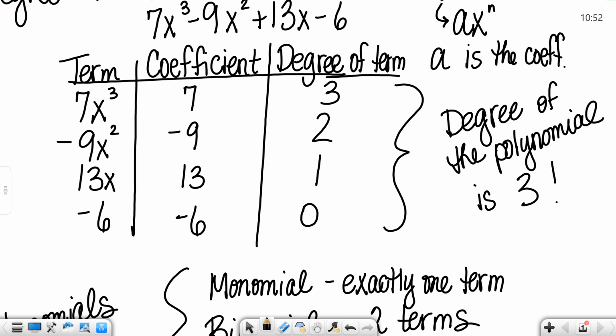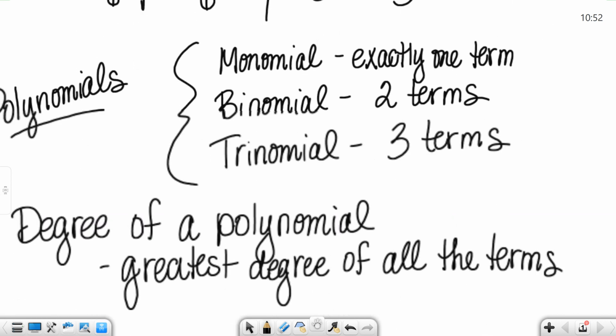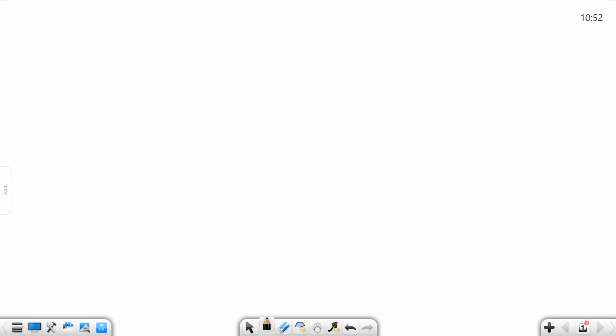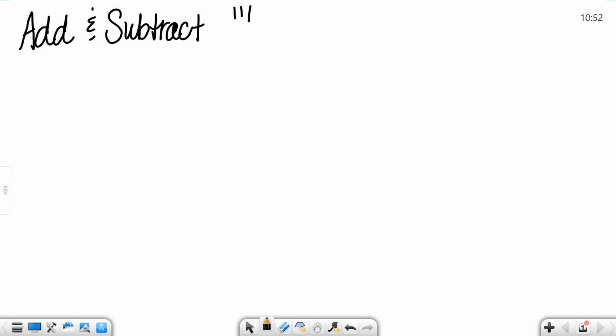The degree of this particular polynomial is 3, the highest of the degrees of each term. All right, so we've kind of laid some groundwork with some vocabulary, and so now let's actually get to adding and subtracting. All right, so when we add our polynomials or when we subtract them, we need to make sure that we have like terms. All right, so we can only add and subtract like terms.